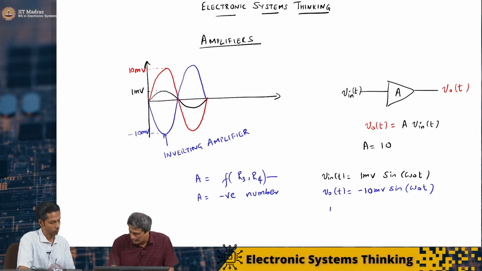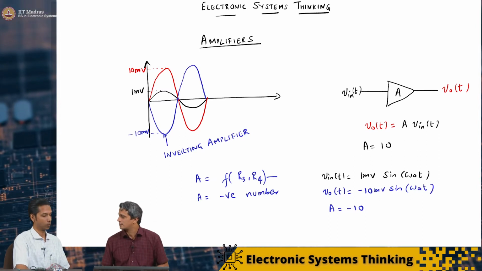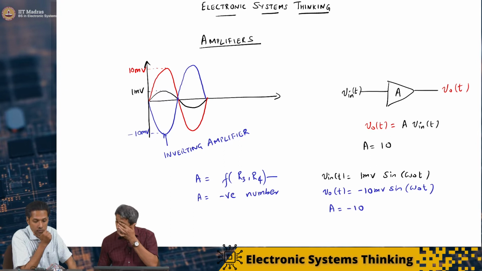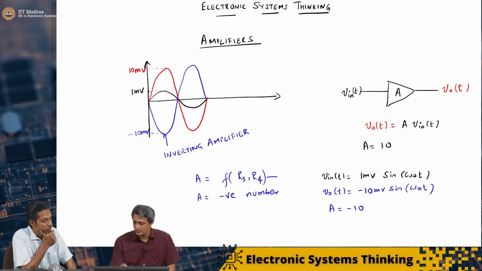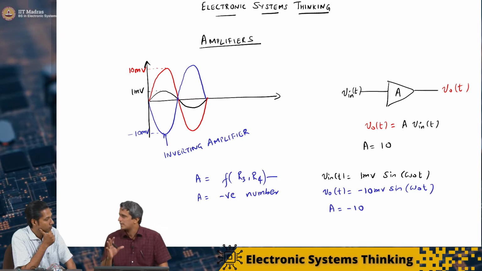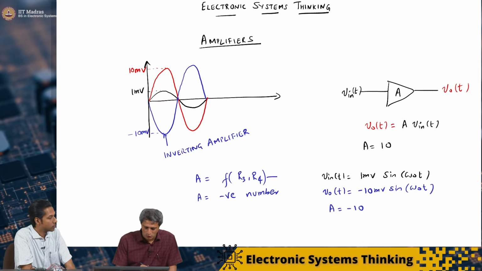The A will be minus 10 in this particular case. In this experiment, the resistors chosen give a gain of up to minus 5. It doesn't go all the way to minus 10, but let's go ahead and see.